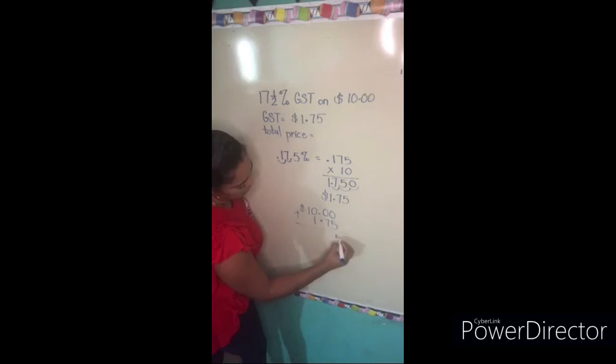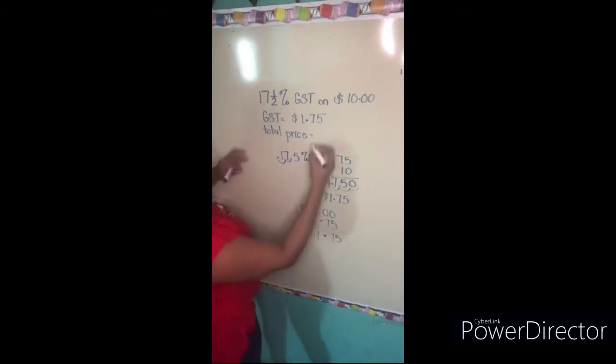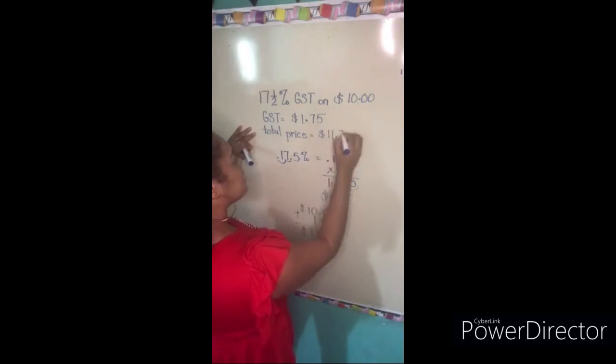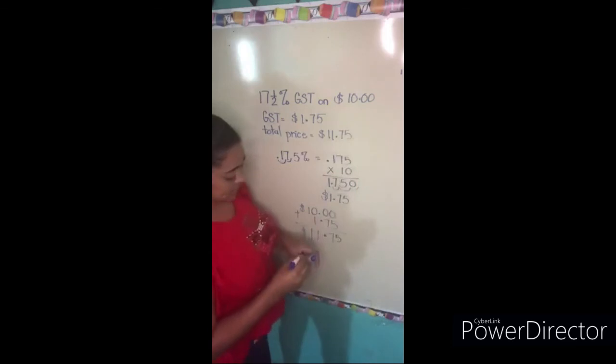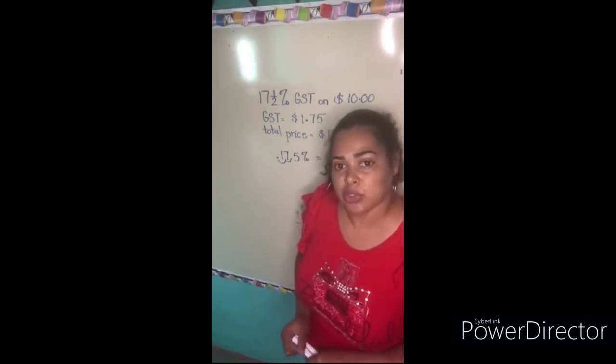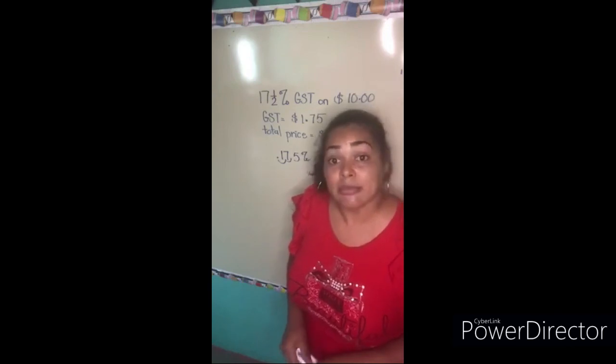We're going to bring down the 5, bring down the 7 because we're adding. Bring down the decimal, bring down this 1, bring down this 1. So the total price would be $11.75. All right? So try to do the same with your assignment that you got.